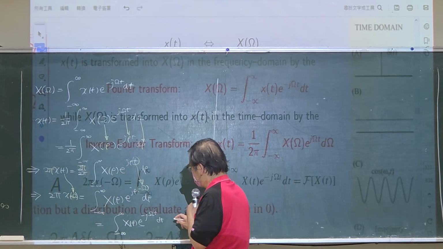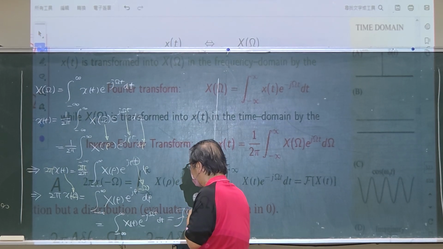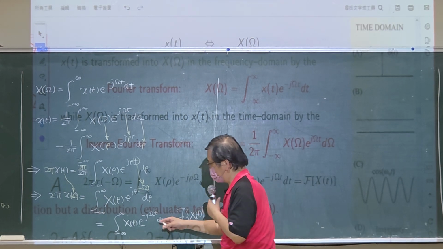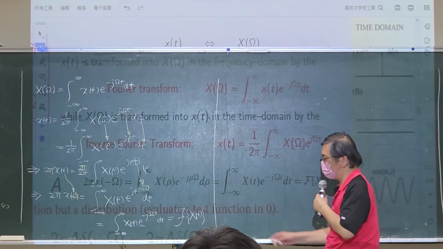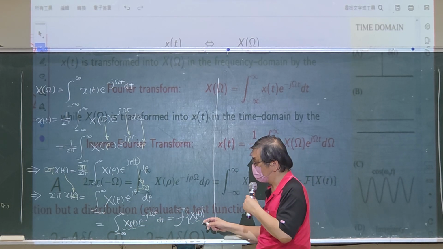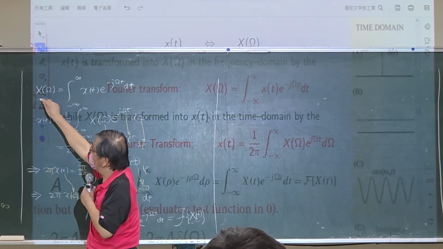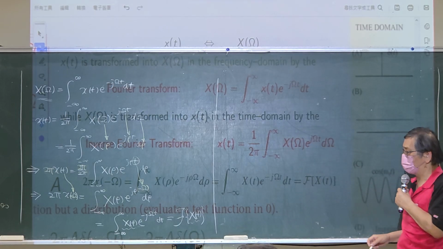So I just bring the dummy variable back to t again. And that's a Fourier transform of this capital X of t. And again, capital X of t indeed is the frequency component, frequency response of the signal x of t.